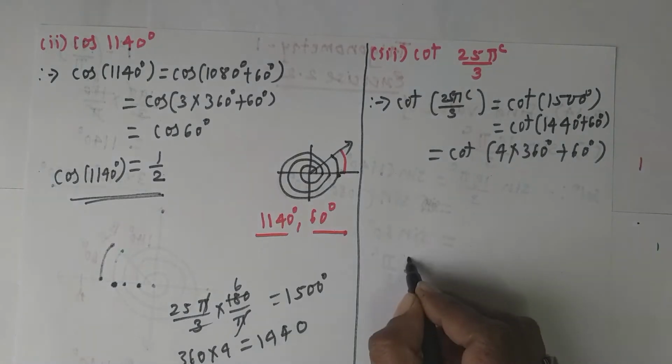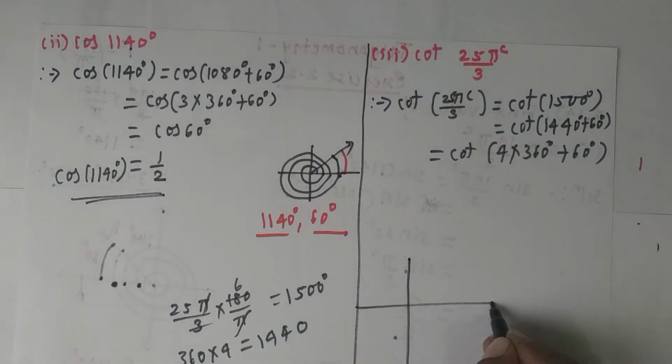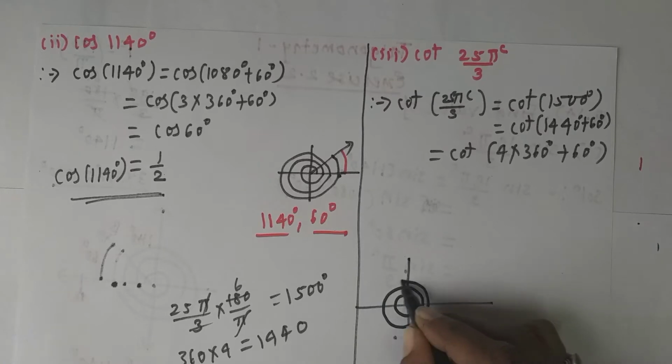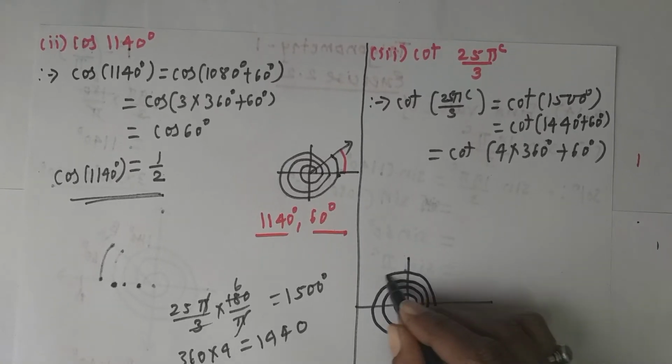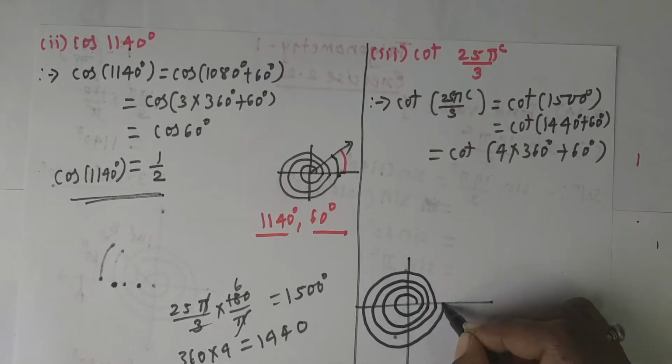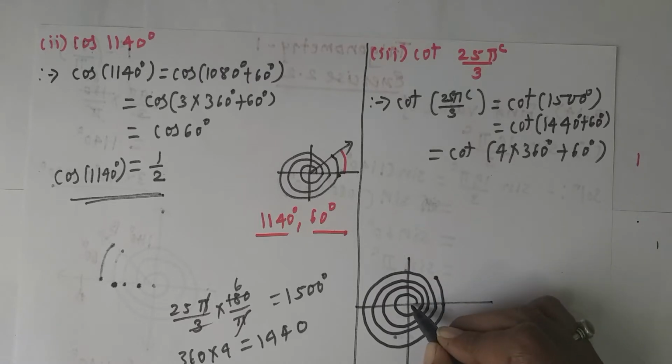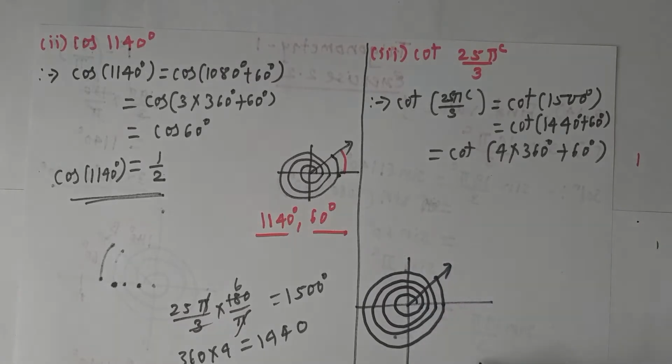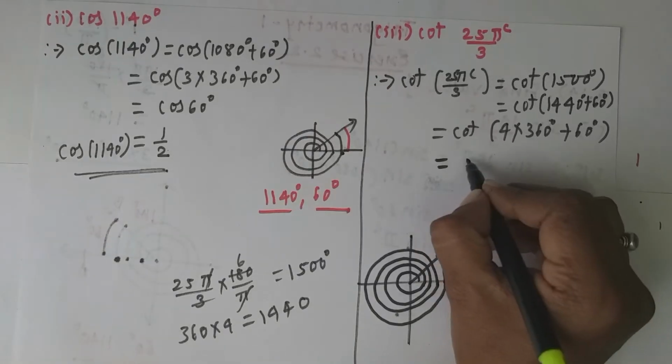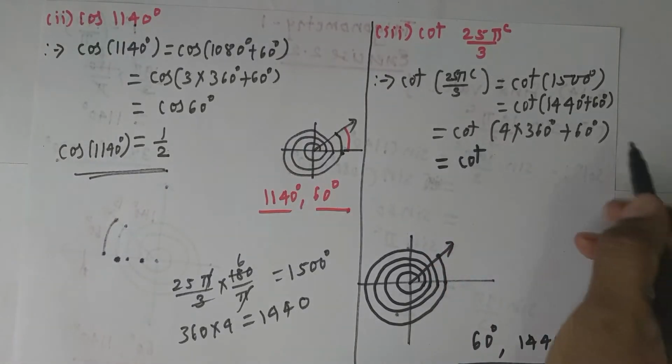If we draw the plane coordinate system, we have to rotate 4 complete rotations: first rotation, second rotation, third rotation, fourth rotation, and 60 degrees. So the angle of 60 degrees and 1440 degrees are coterminal angles. Therefore their trigonometric values will be the same.